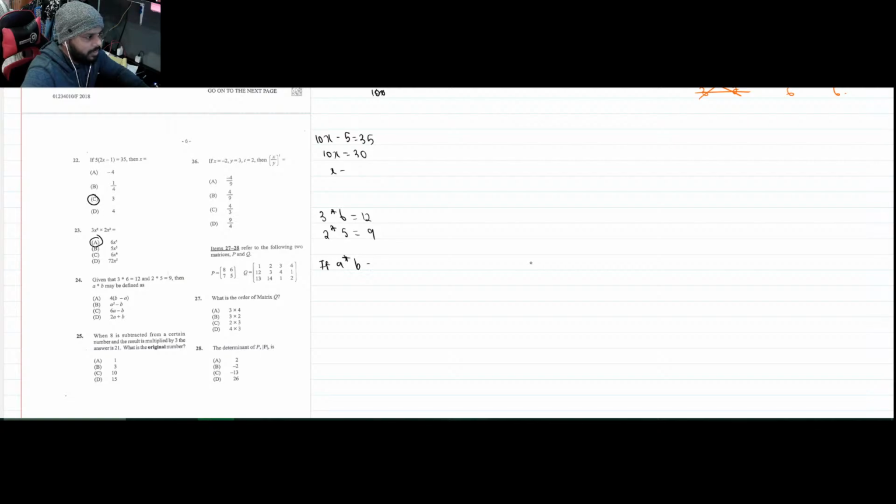If a star b, and I'm just assuming it's equal to 4 into b minus a, then 3 star 6 will be 4 into 6 minus 3. 4 into 3, and I get 12. I'll check it for 2 star 5. Then 2 star 5 is equal to 4 into 5 minus 2. 5 minus 2 is 3, and 4 threes are 12. So I know that this one is wrong.